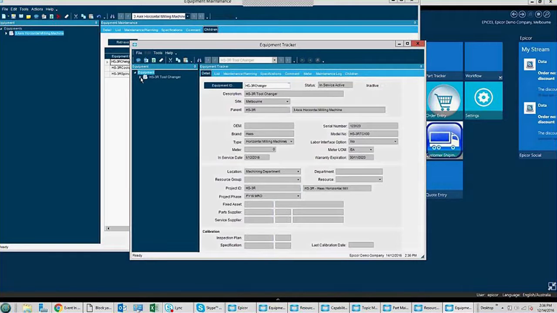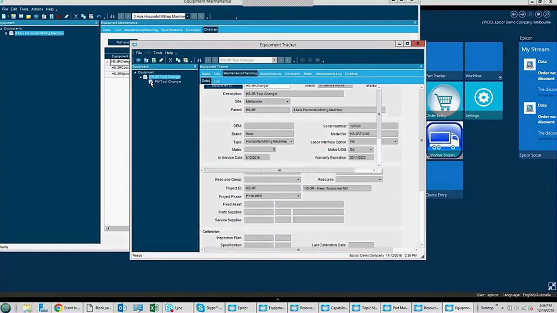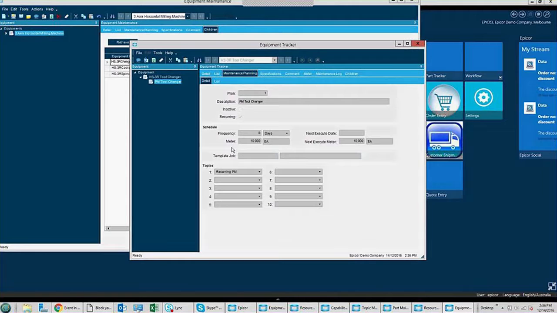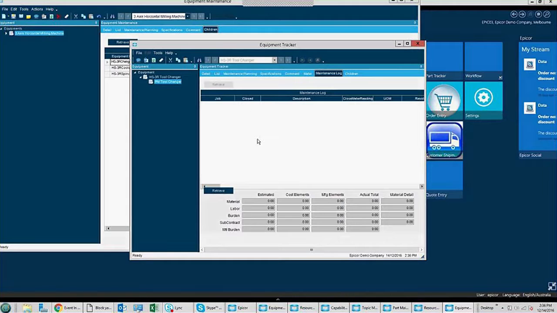This has a recurring preventative maintenance job that's done after 10,000 eaches. So the meter value can be different for the parent asset as the child. I could look at any maintenance logs that I had, which maintenance jobs took place, how much did they cost me versus how much did I estimate, and does this have any children?